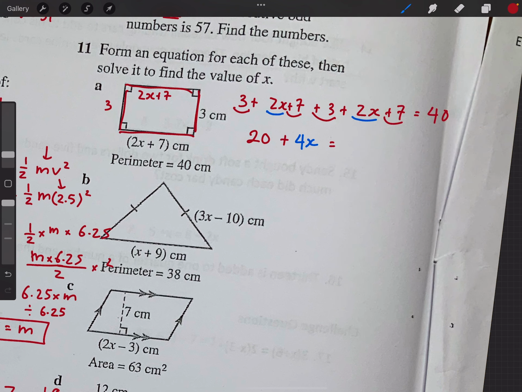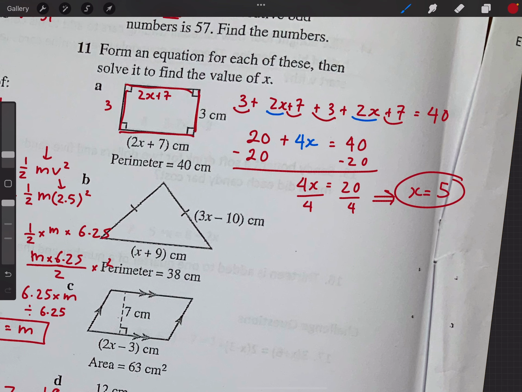And altogether, that gives us 40. Okay, so let's take away 20 from both sides. And you're going to get 4x is equal to 40 minus 20, which gives me 20. Now we divide both sides by 4. And you're going to get x is equal to 5. There's your answer there.